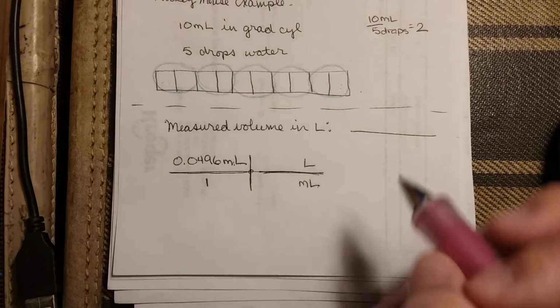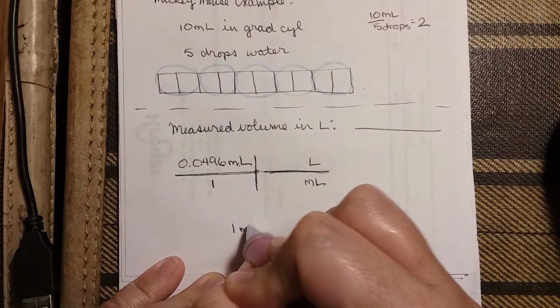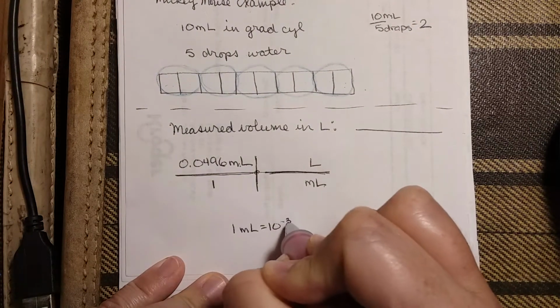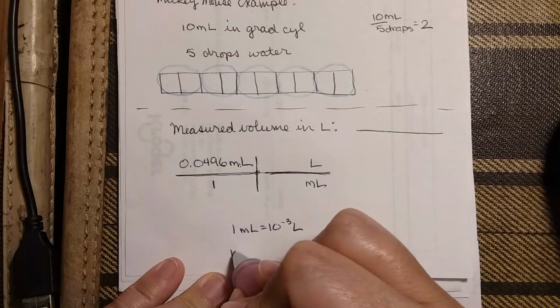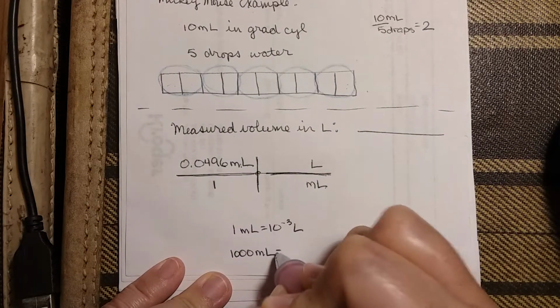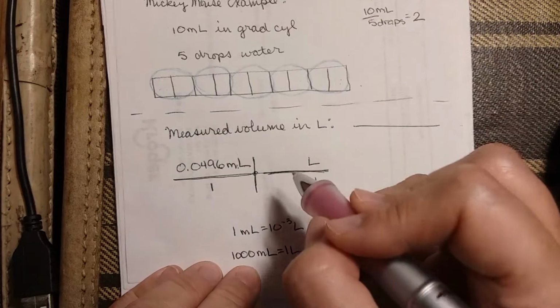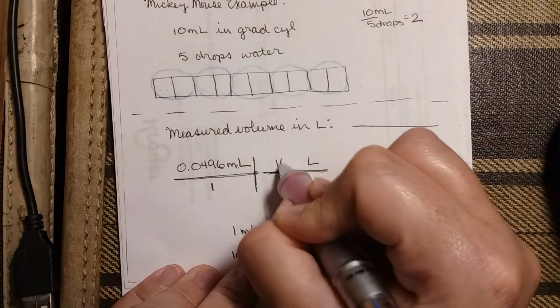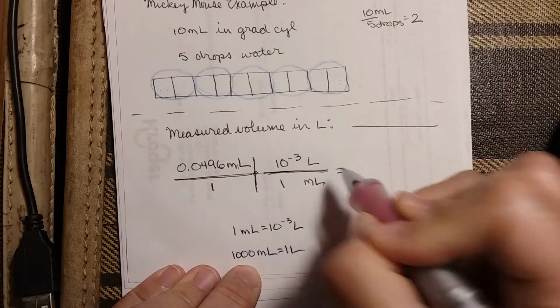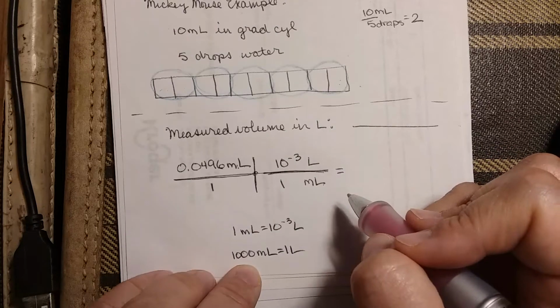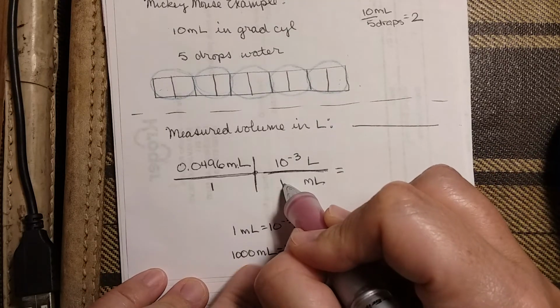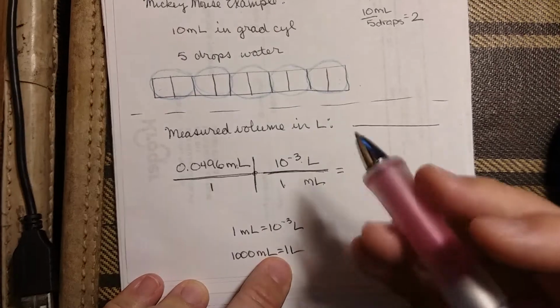So I'm going to write that down. 1 milliliter equals 10 to the negative 3rd liters. You could also think of it as 1,000 milliliters equals 1 liter. You could do it either way. I'm going to go ahead and put 1 milliliter equals 10 to the negative 3rd liters because that's how most students' professors want it. But you could also put the 1,000 here and the 1 here.